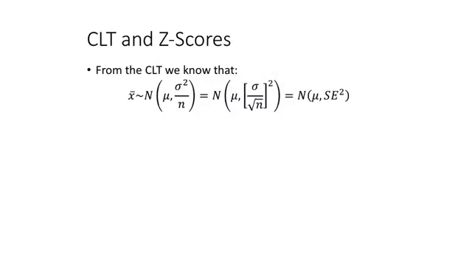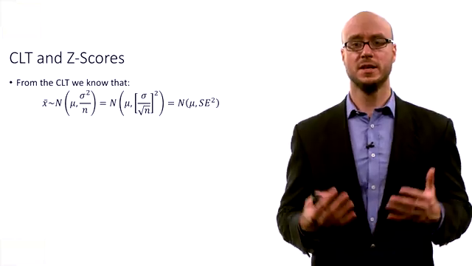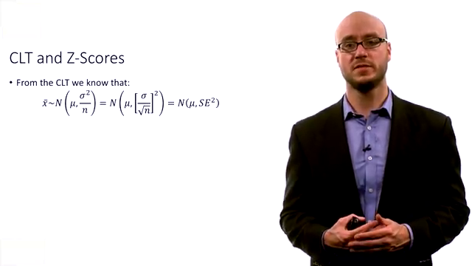If you recall from the central limit theorem, we know that the sample mean is distributed normally. It's going to be centered on the population mean mu, and has a variance of the population standard deviation squared divided by the sample size, lowercase n. So that just characterizes the sampling distribution of the sample mean.